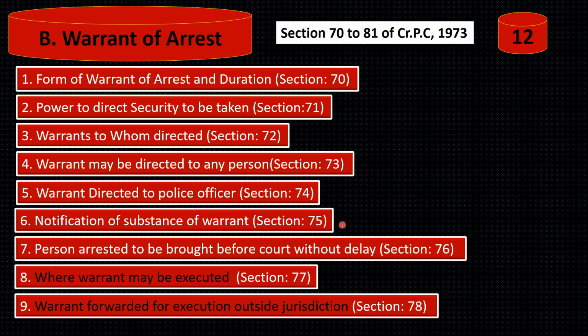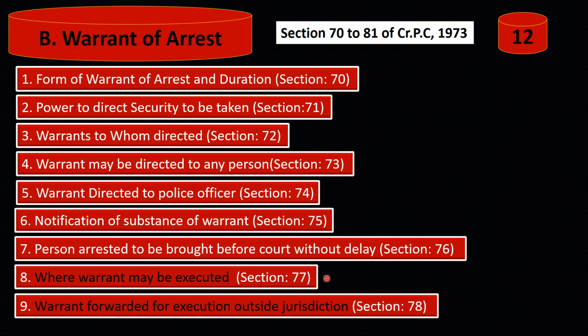And if the warrant of arrest has been successfully done, then what is to be done? The person arrested is to be brought before the court without any delay under section 76. Next three sections talk about the execution of warrant of arrest.